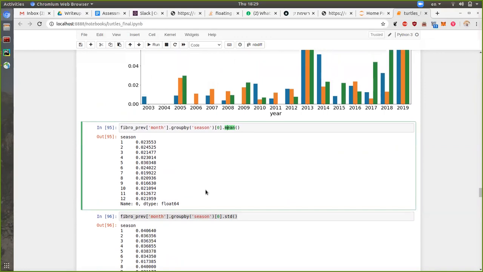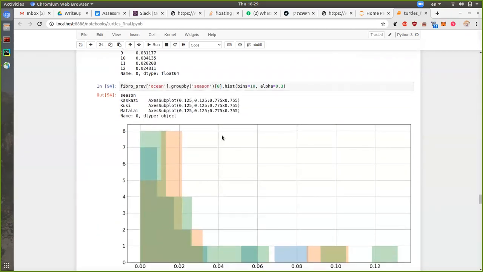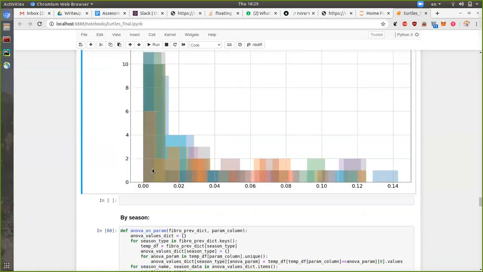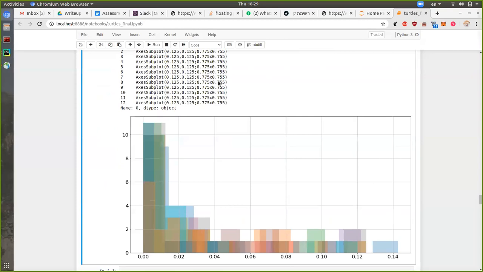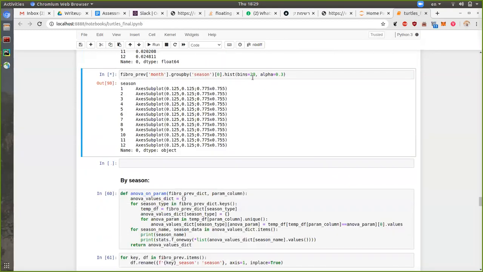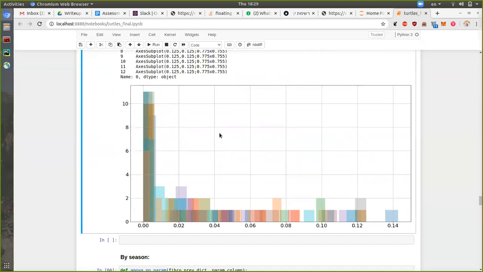Yeah, because they look more like this. Yeah, that's the typical distribution for disease, by the way. That's not something that surprises me.